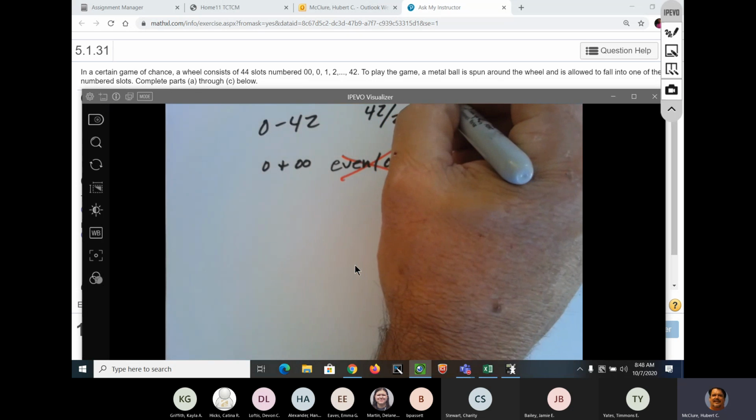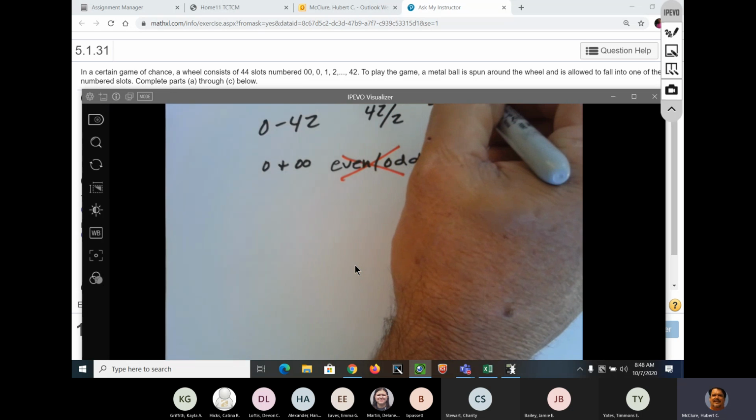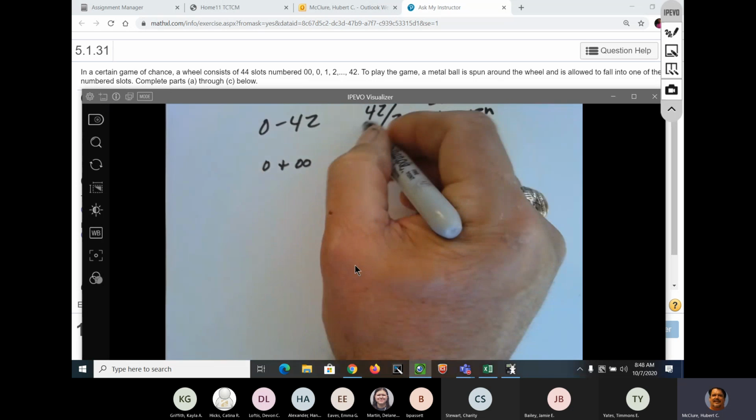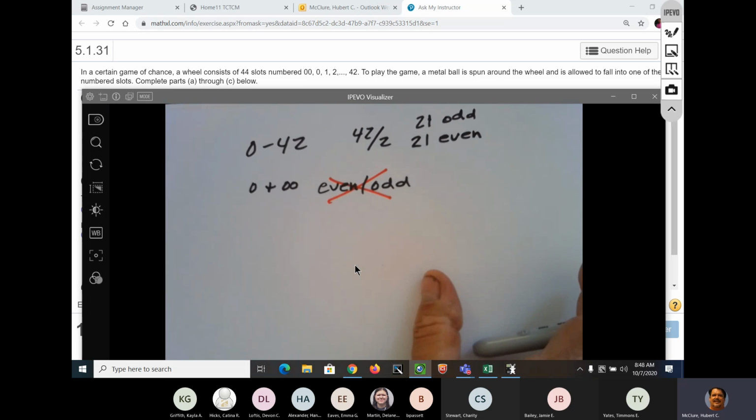You got 21 odd and 21 even. Okay, that's the way you do odd or even with those. We went over that. Okay, it says a metal ball is spun around, blah, blah, blah.